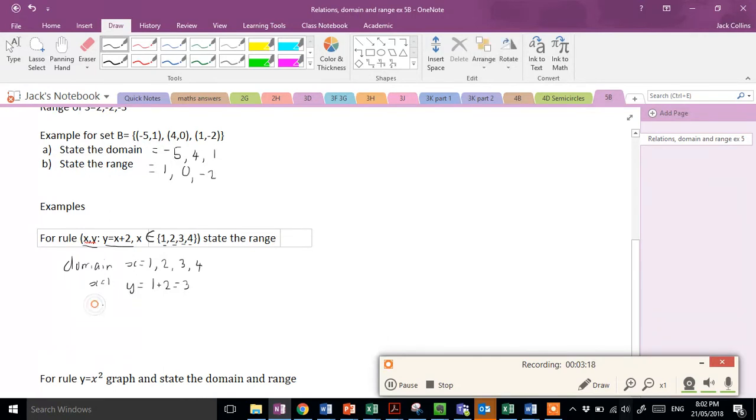So when x is equal to 2, y would be equal to 2 plus 2, which is 4. When x is equal to 3, y would be equal to 3 plus 2, which is 5. And when x is equal to 4, y would be equal to 6. So the range is 3, 4, 5, and 6.